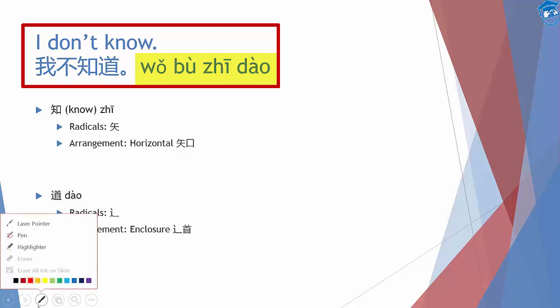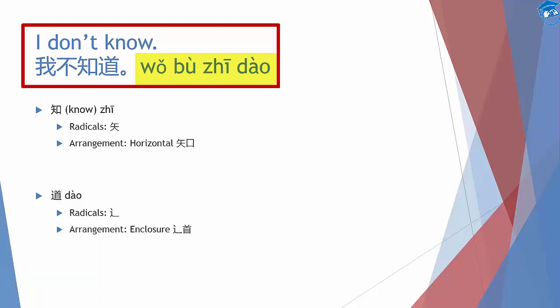And here's how I write 知. 1, 2, 3, 4, 5, 6, 7, 8. 知.